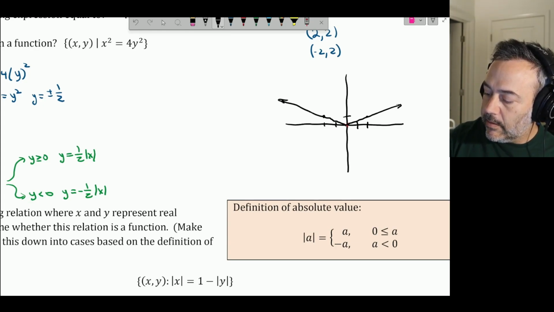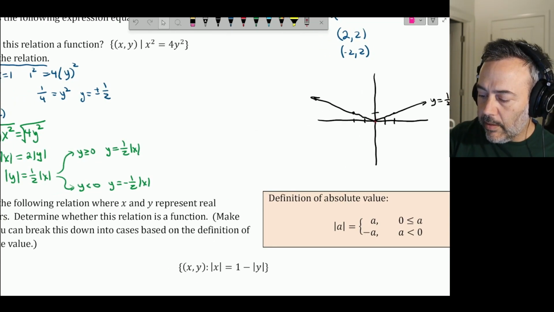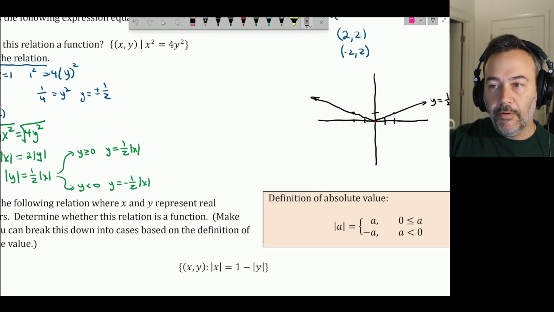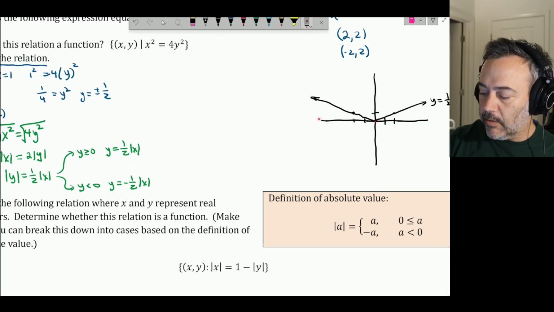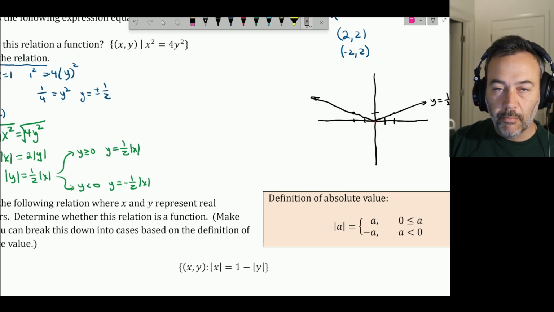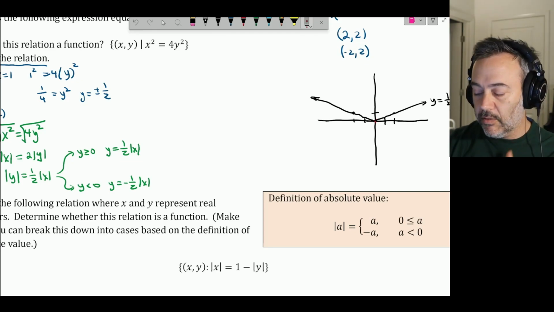And this is y equals 1/2 the absolute value of x. And does it make sense? Yes, because we've graphed it for where y is greater than or equal to 0. And that means all the points that are above the x-axis that satisfy this equation, so we're good.